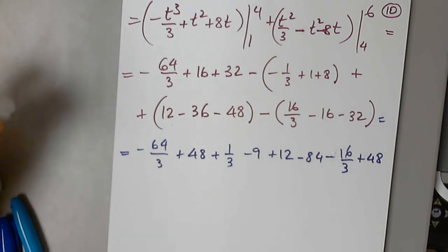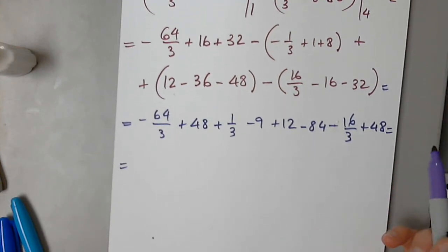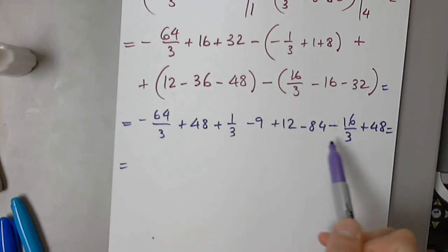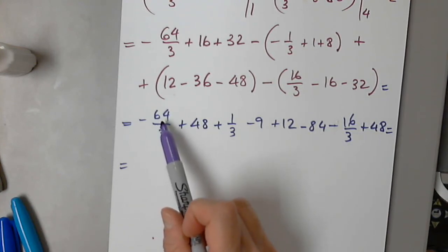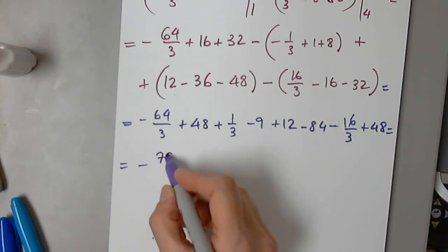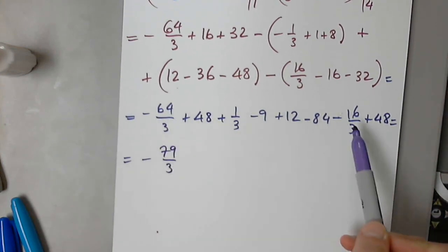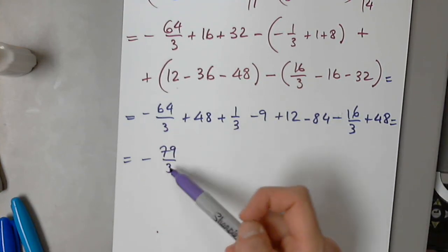Okay, now, let's see. So 60, 70, 80, minus 79 over 3. Correct me, please. So I get 70, 80. Negative 80 plus 1. I got that.